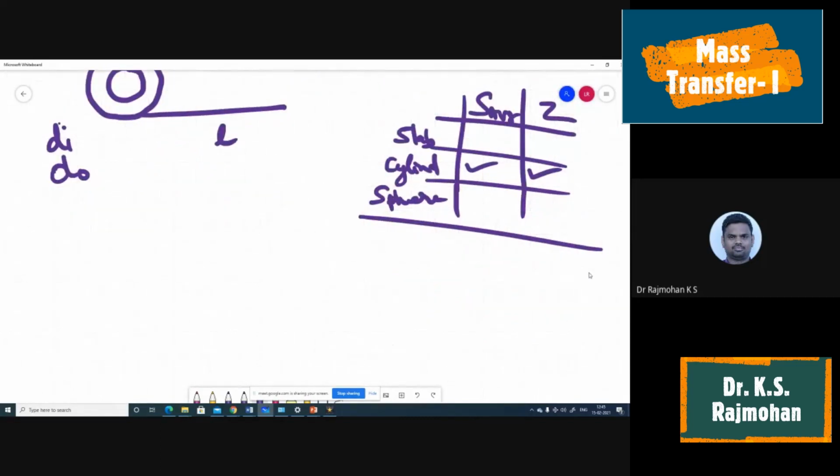What is S average for cylinder? The general surface area formula is 2 pi RL, so here we have 2 pi times the logarithmic mean radius times L, as we derived that day, and Z is equal to R2 minus R1.